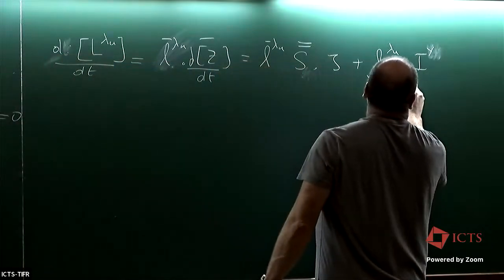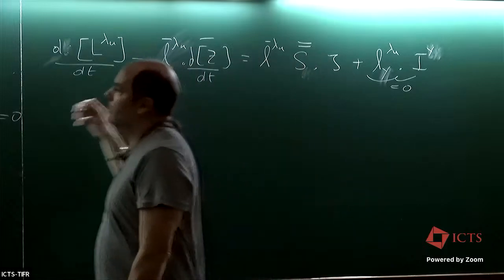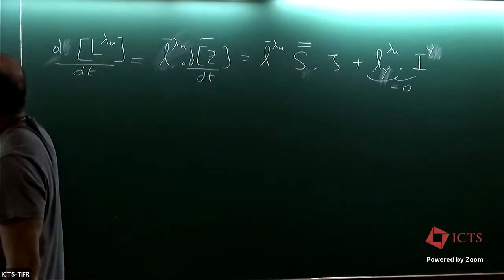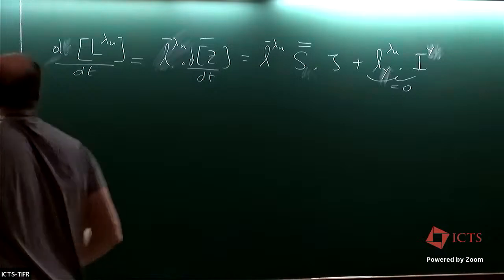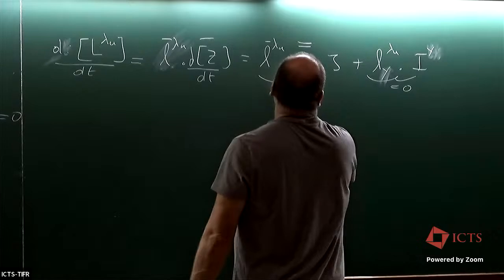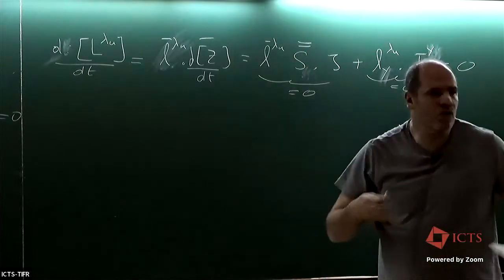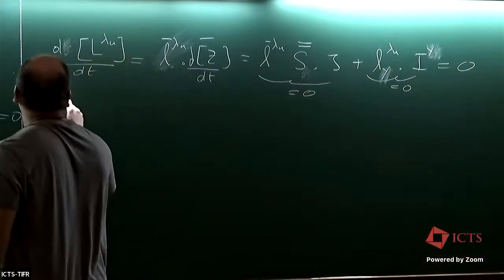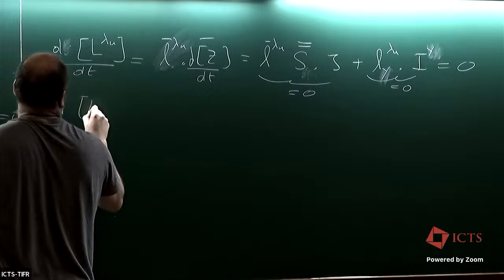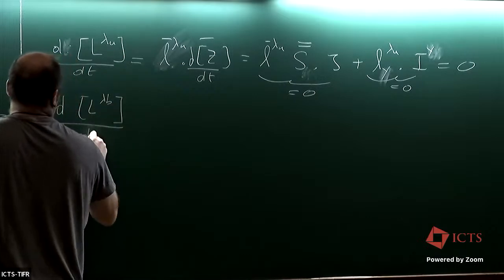So this is 0, and this is also 0, since L_U is both a conservation law of X and of the full S. And so this is 0. So the unbroken conservation law is conserved even in the open system. But the broken conservation laws are not conserved anymore.